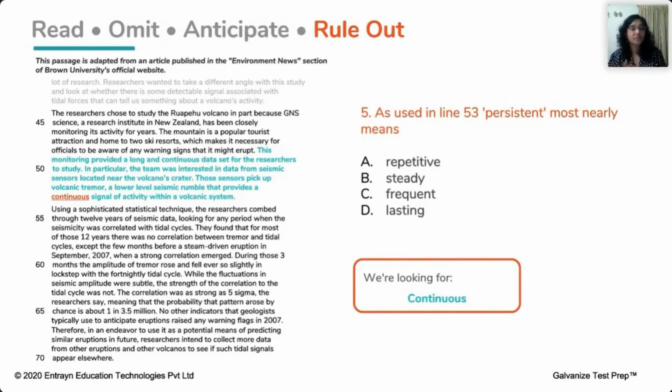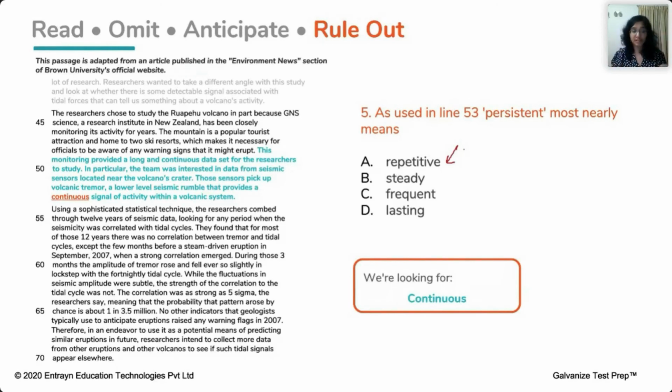Okay. Then now you're going to rule out each answer choice to see which of these gives us the sense of continuous. Okay, so if you take repetitive, does repetitive mean continuous? Well, it doesn't mean continuous, right? I might come and ask you something today, and then a month later or a week later, I can ask you again, right? I can keep asking you, but not all the time. So repetitive is not the same as continuous.